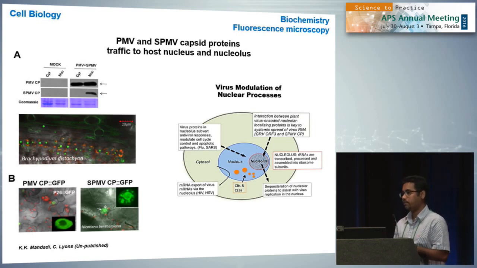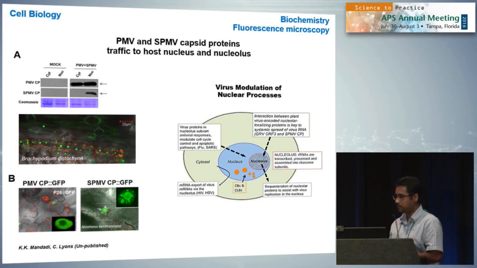We had some preliminary data from our microarrays in which we saw some splicing factors misregulated during PMV infection. So we reasoned that perhaps those two splicing factors could be mediating huge changes in alternative splicing.